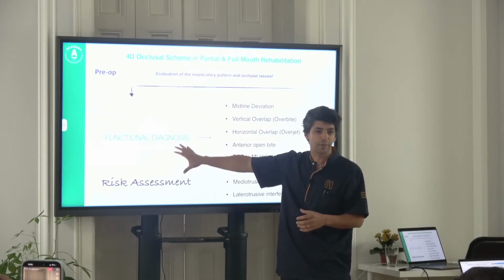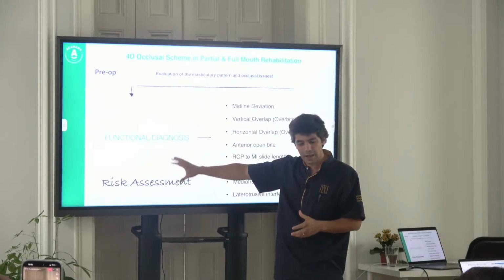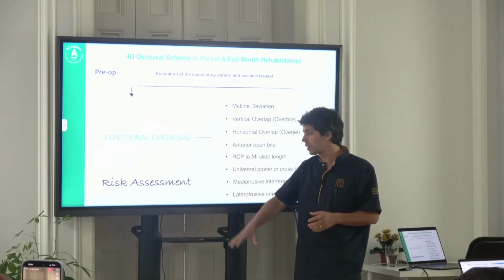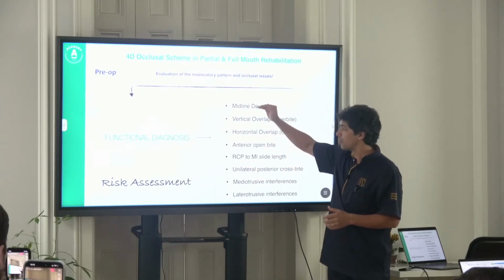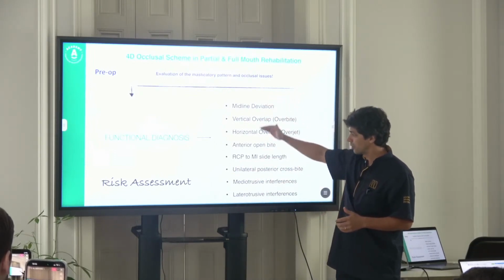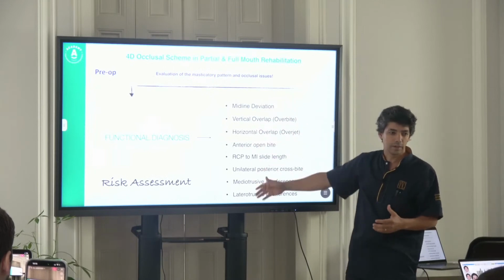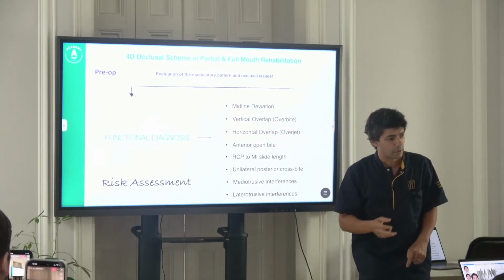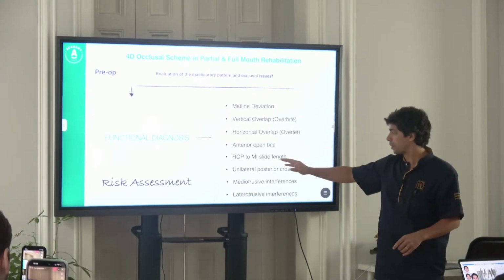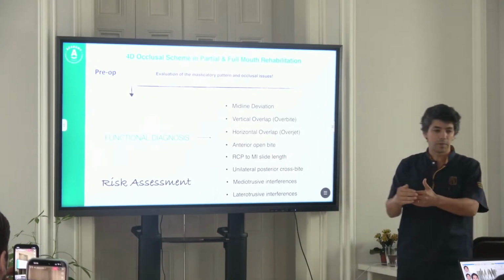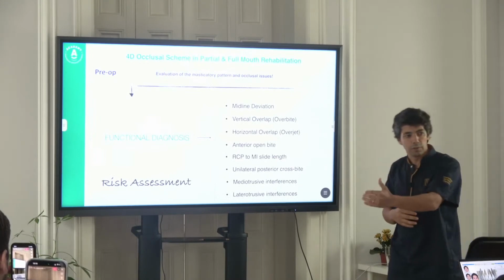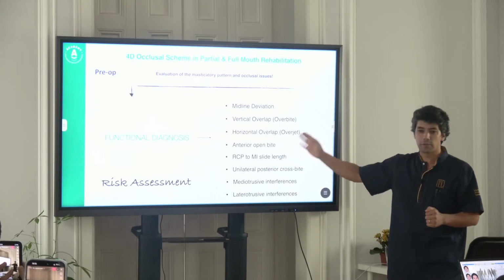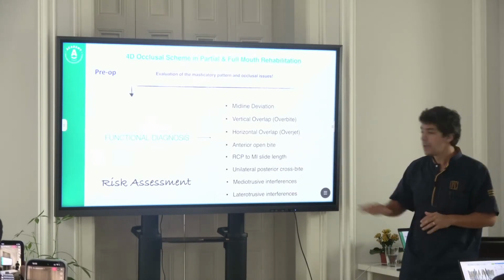This is what we have to do and what we do in every single patient in implant therapy or implant rehabilitation. And the risk assessment brings up what we call the 8 critical points, which are midline deviation, vertical overlap, horizontal overlap, anterior open bite, the slide length from centric relation to maximum intercuspation, unilateral posterior cross bite, and medial and lateral intrusive interferences.